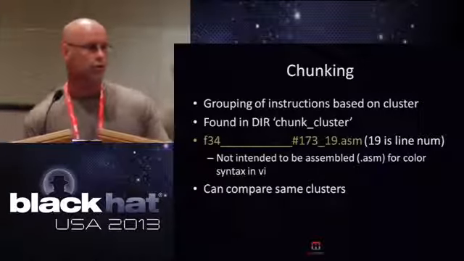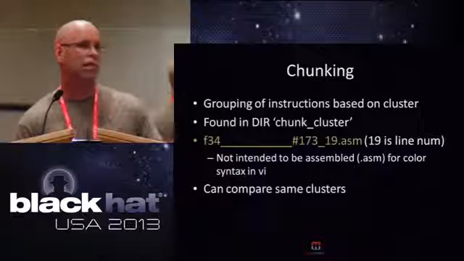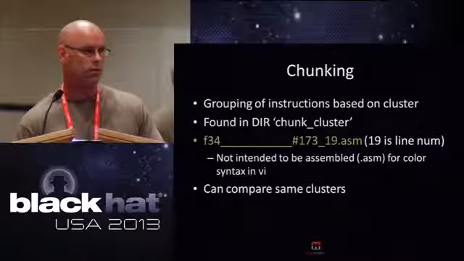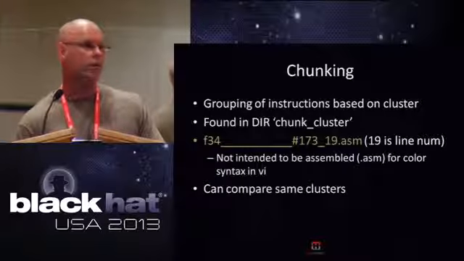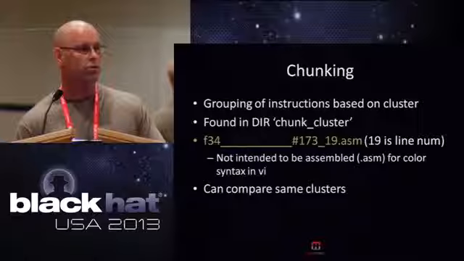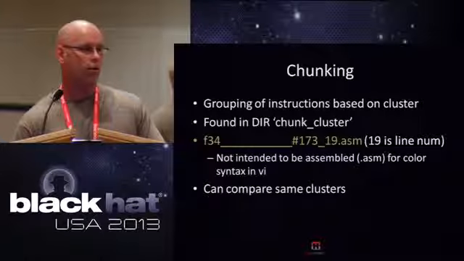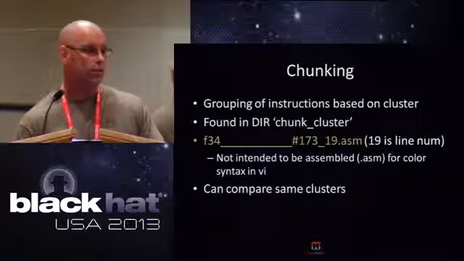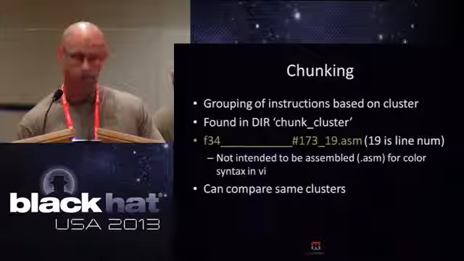So those 173 instructions, I might be interested in not going and finding the offset in the run trace and figuring out where it is and copy and paste it if I want to assemble it or something along those lines. So if I just want to do a static or any kind of a static analysis, I can just go to that file and see it. The _19, that's just the file offset in your final_assembly.txt that you're looking at.